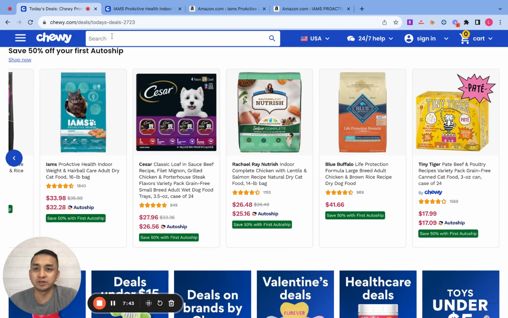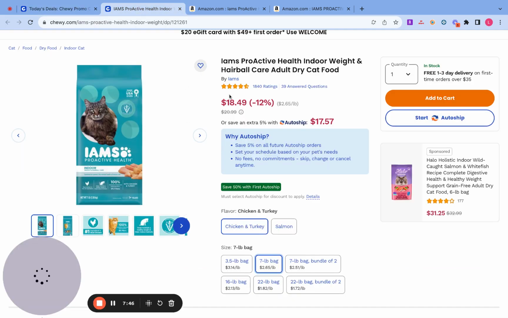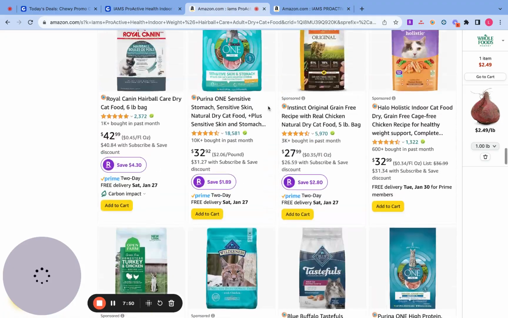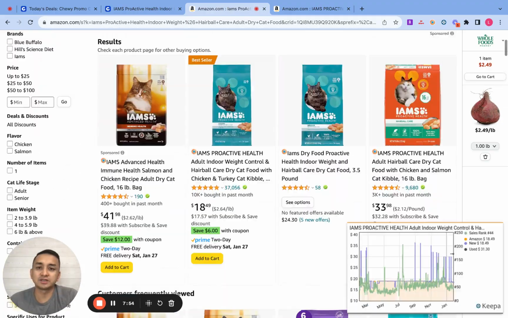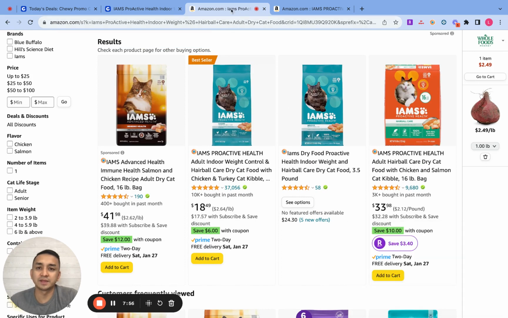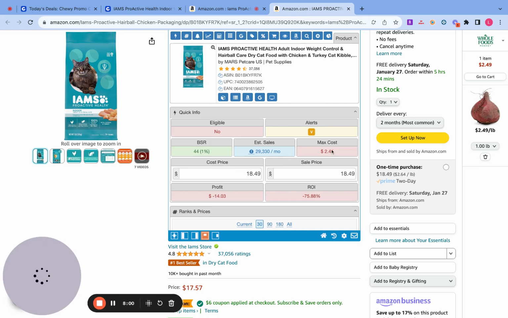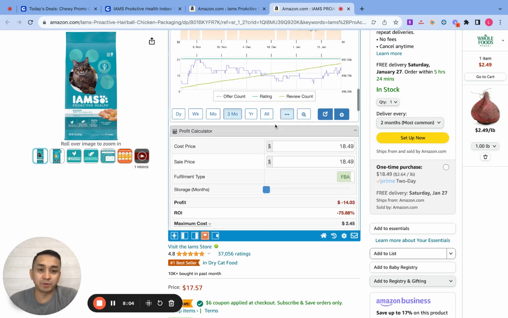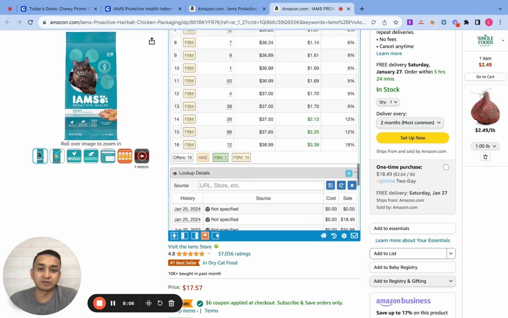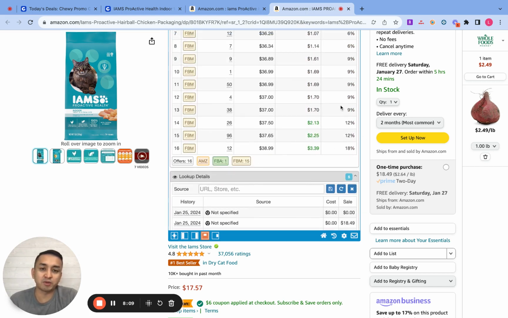I picked this one, then I went to Amazon and looked for the exact same product, which is, I believe, this one. And then I ran the numbers, and it's negative, but here it could be profitable for you.